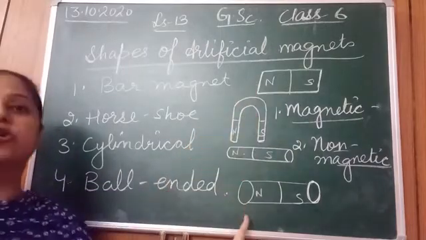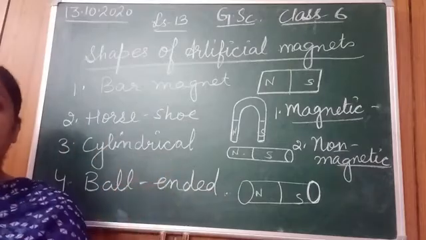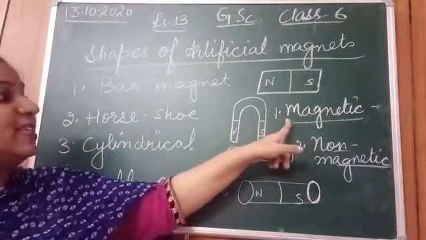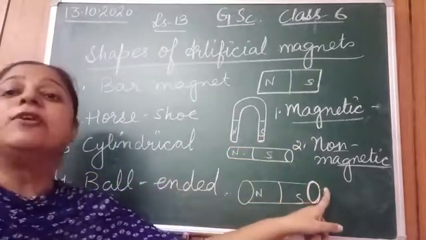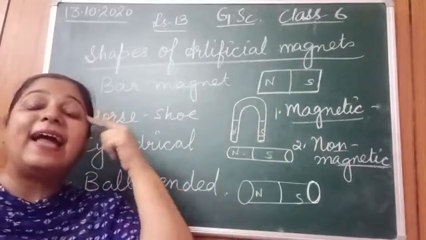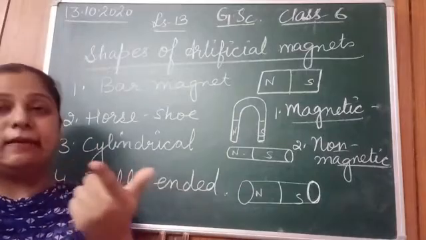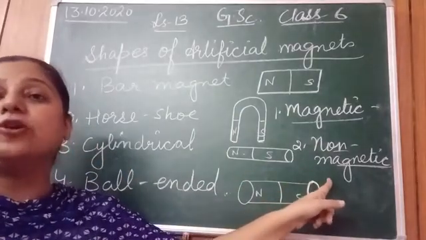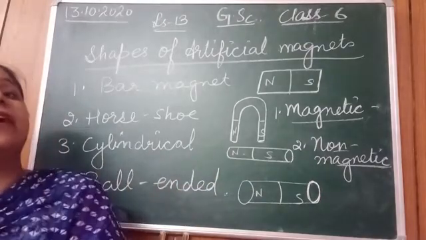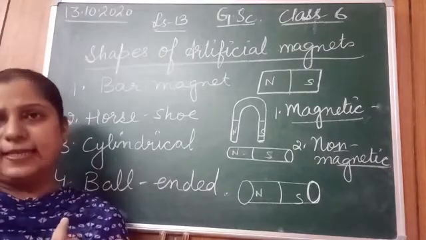These shapes I have shown you. Then based on attraction towards a magnet, materials are of two types: magnetic and non-magnetic. Magnetic materials are attracted towards the magnet, like iron, cobalt, nickel. And non-magnetic materials do not get attracted towards the magnet, like paper, wood, plastic.